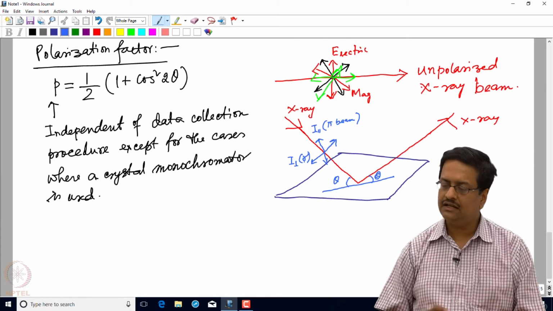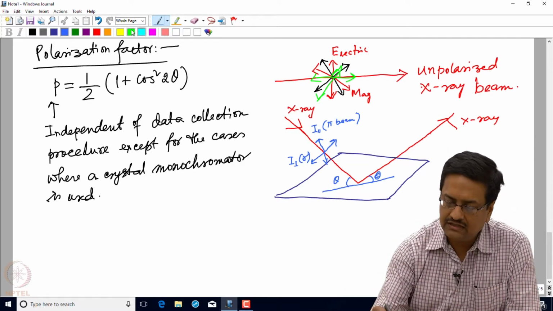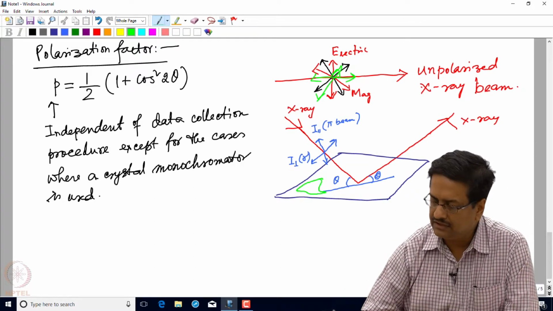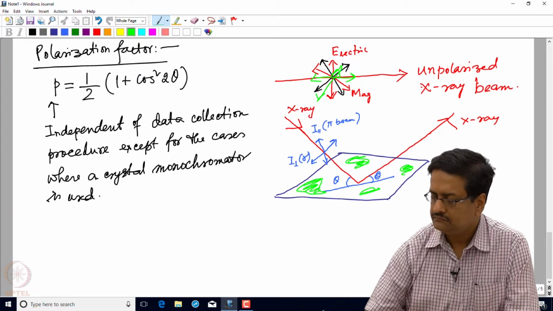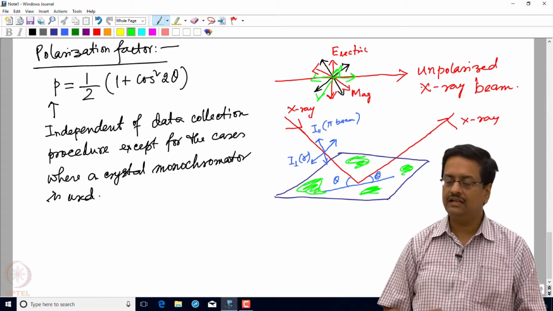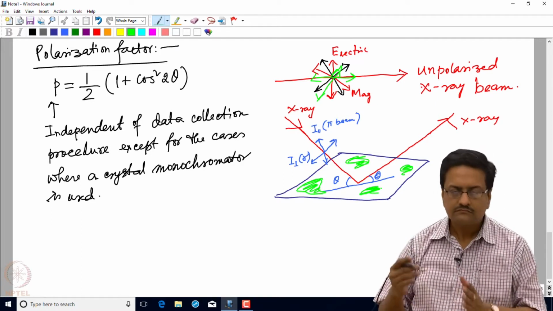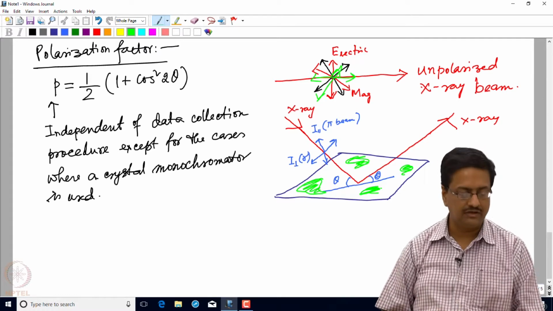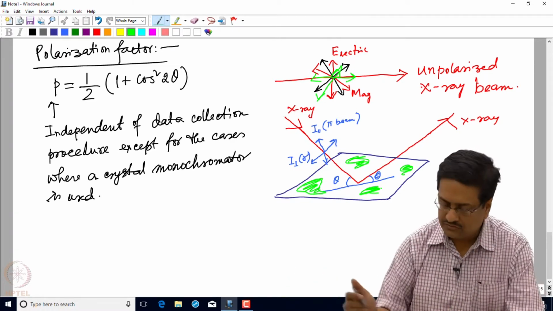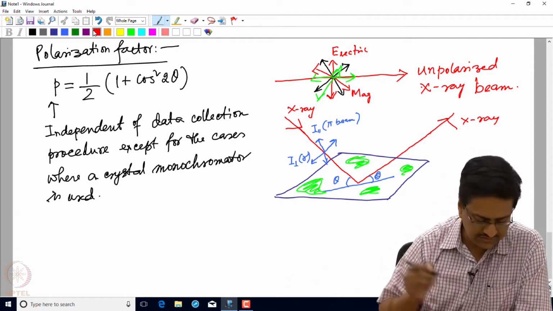But then when it interacts with the plane which has different electron densities associated somewhere here and there, the way the I parallel interacts is different from the way that I perpendicular interacts. So, what we observe is the following.